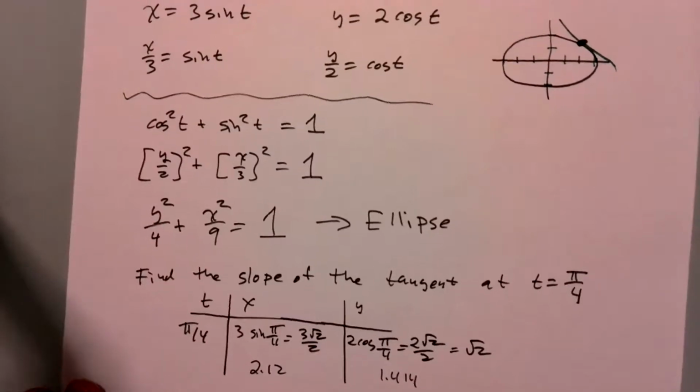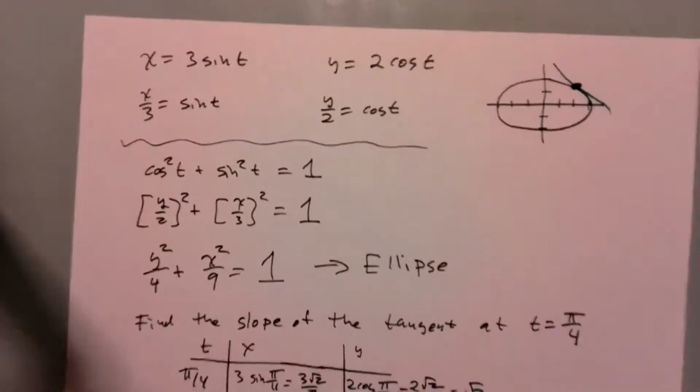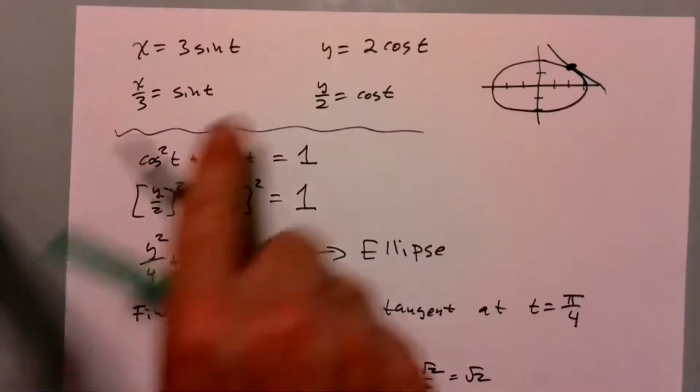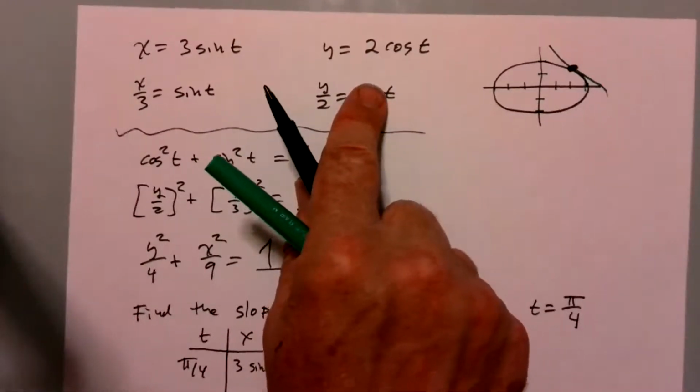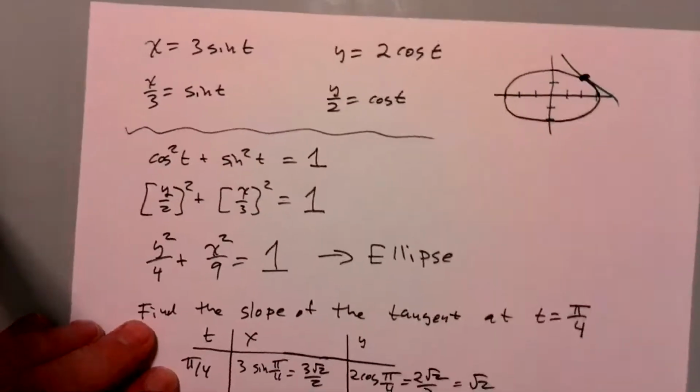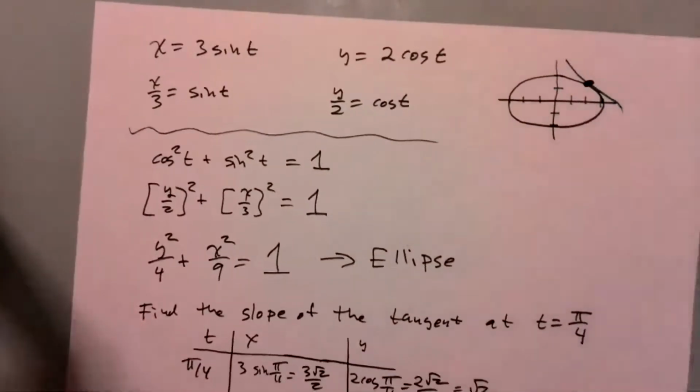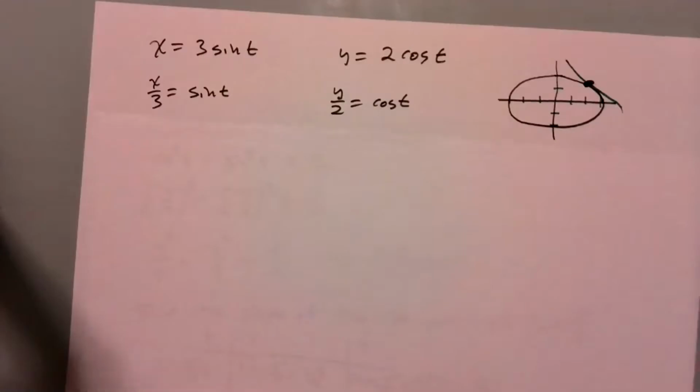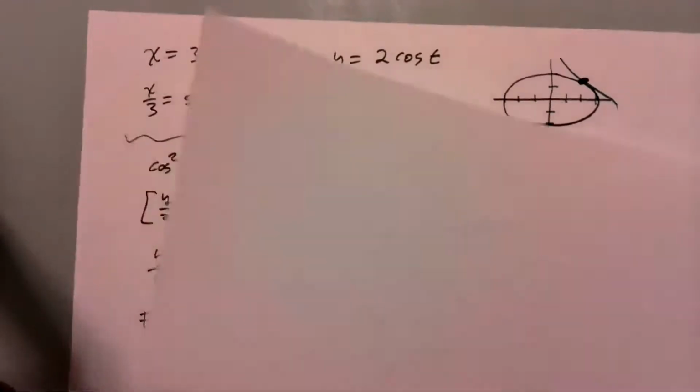So we're going to go back to the top of our page here. We have x is 3 sine t. We have y is 2 cos t. The question is, what is the slope of the tangent? The question is, what is dy dx? So let's look at this. And we're interested at pi over 4.